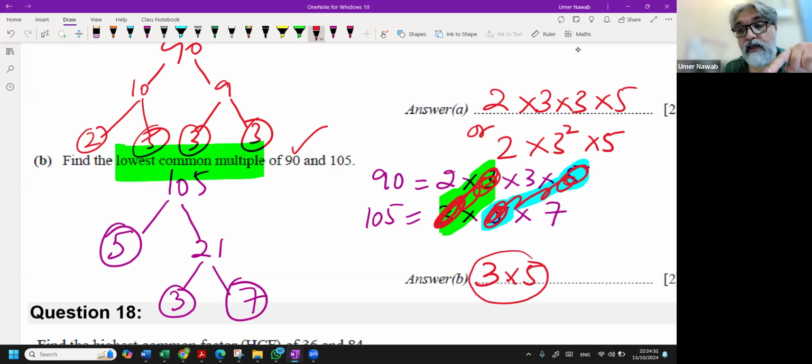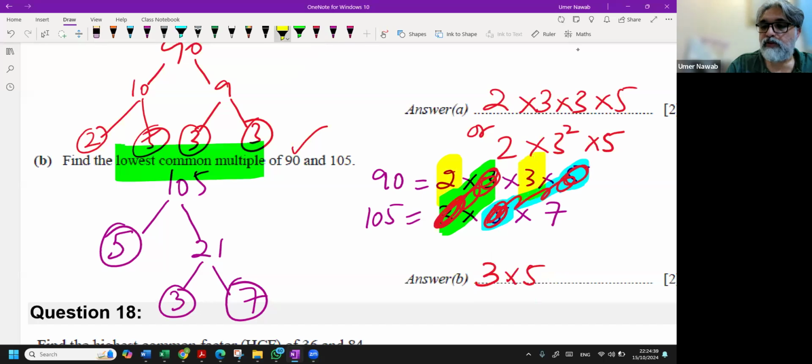But am I finding HCF? No. In order to find LCM, you need to concentrate on your remaining numbers 2, 3, and 7. Also copy them here. 2, 3, and 7. This is your LCM. Am I looking for the lowest common multiple?